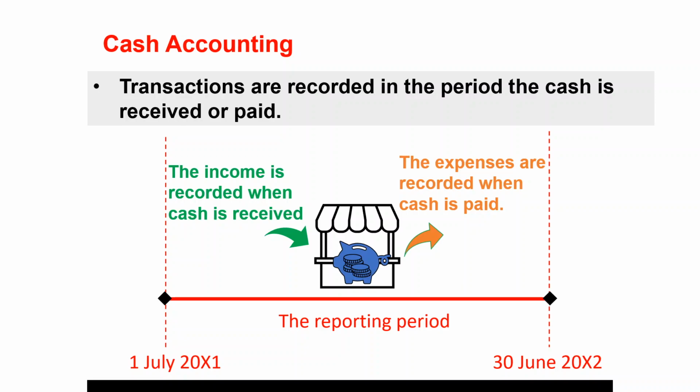For example, if you send an invoice on Monday and don't get the payment in your account until Friday, in cash accounting, you record the income on Friday in your accounts. So within the accounting period, according to cash accounting, it records cash inflows and cash outflows.